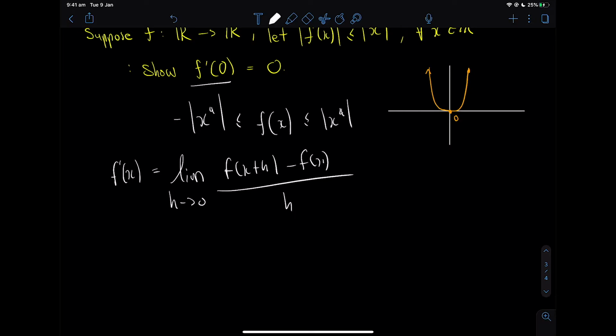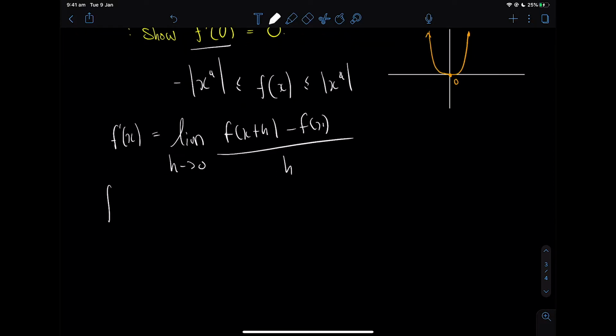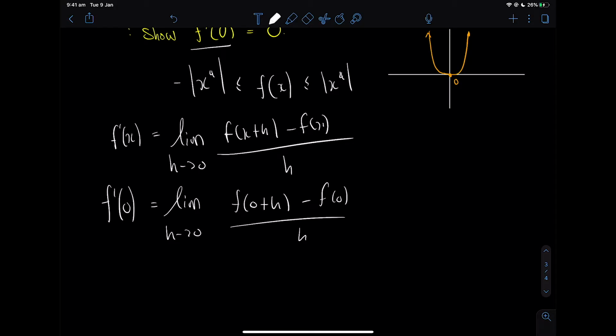So once we prove this holds true, we can do the same thing and apply that this will still hold at x equals 0. And so in this case, f of 0 plus h minus f of 0 over h should equal 0 for our function.